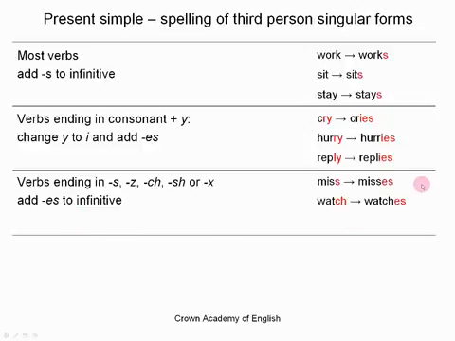So miss becomes misses. So we would have I miss, you miss, he misses. Then the verb watch, we would have I watch, you watch, which then becomes he watches, spelt ES at the end. That's the important thing.